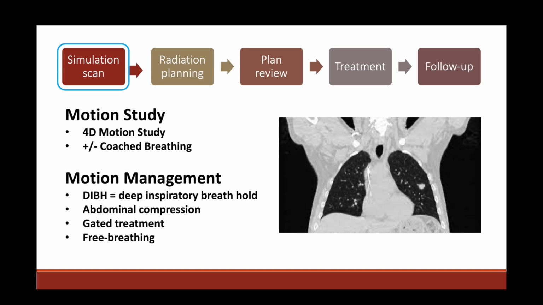But it can have several advantages, especially in breast cancers. For example, if you're treating a left-sided breast cancer, that left breast sits right in front of the heart. So we often ask these patients to do DIBH, and that creates some space between the chest wall and the patient's heart, and it also expands the lung, and it helps us to protect the lungs and the heart a little bit more from radiation.